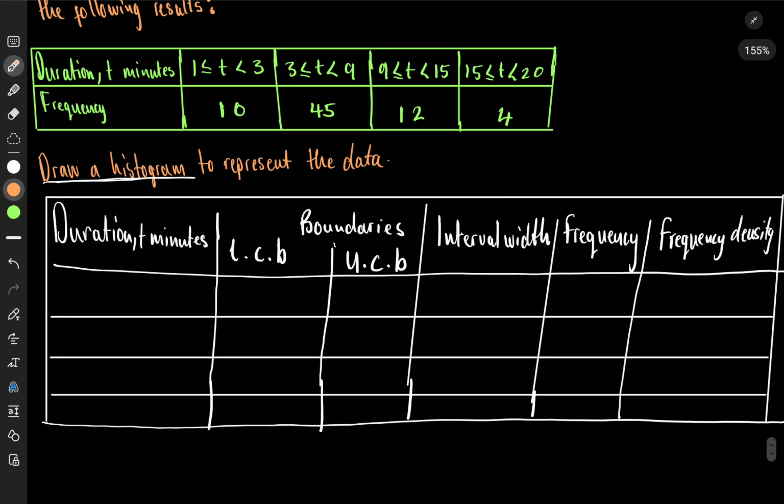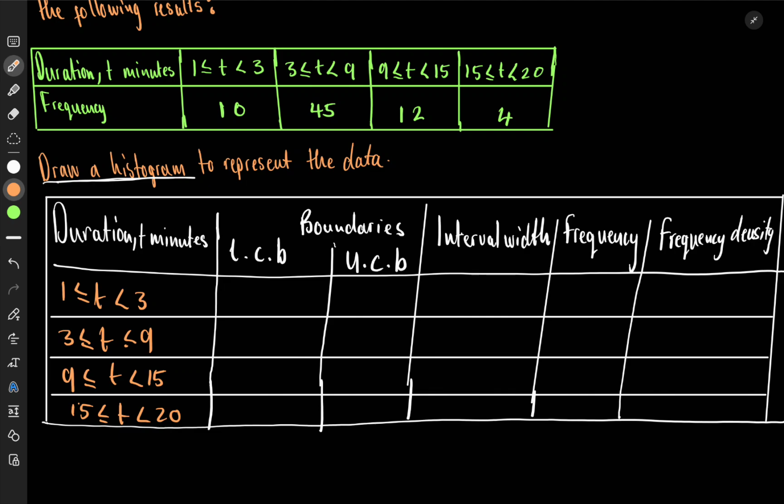First, of course, the duration we had: from 1, 2, 3. Then 3 less than or equal to t less than 9. Then 9 less than or equal to t, which is less than 15. Then 15 less than or equal to t, which is less than 20. So now, this is what you must know about this part.